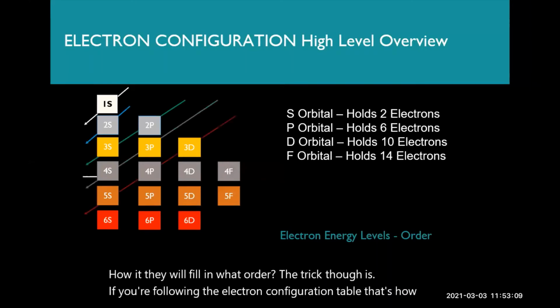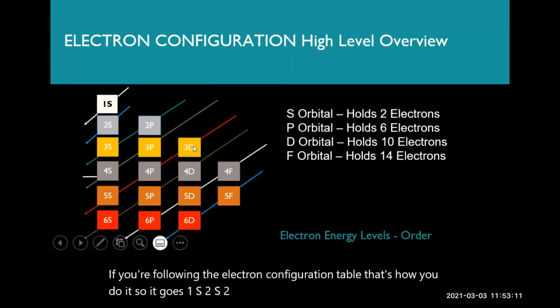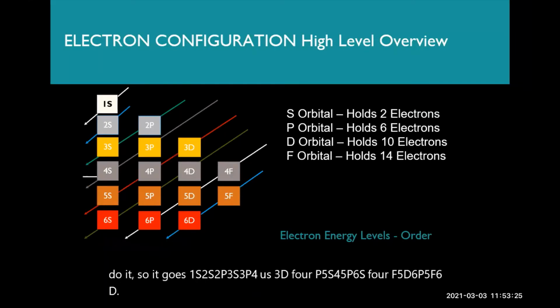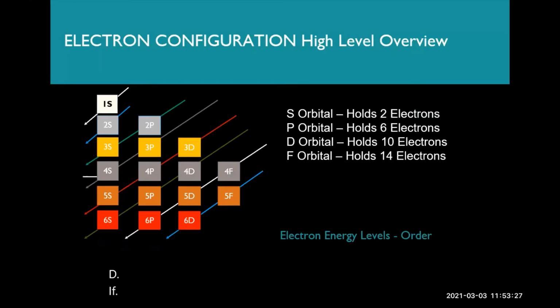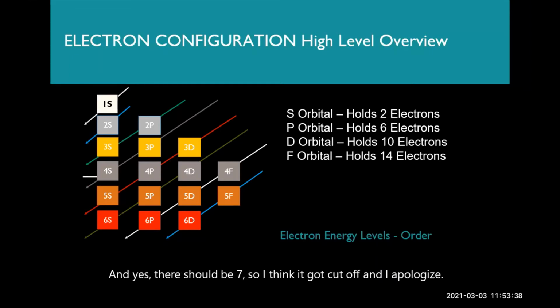So it goes 1s, 2s, 2p, 3s, 3p, 4s, 3d, 4p, 5s, 4d, 5p, 6s, 4f, 5d, 6p, 5f, 6d. And yes, there should be 7s. I think it got cut off and I apologize. But this is how it fills if you just follow the arrows.